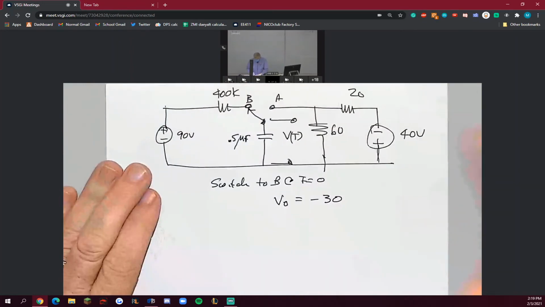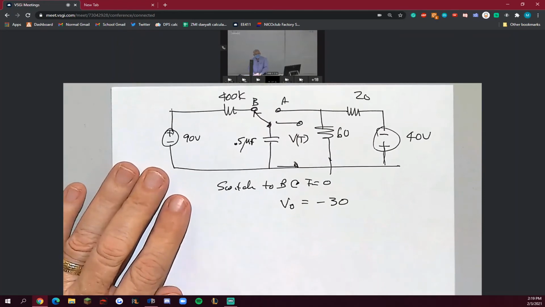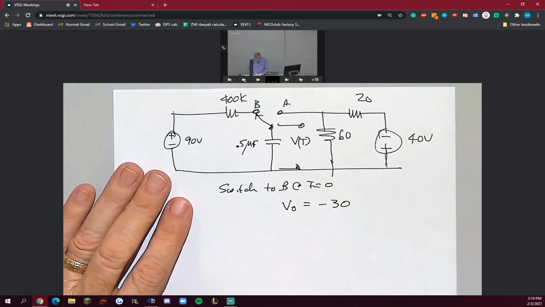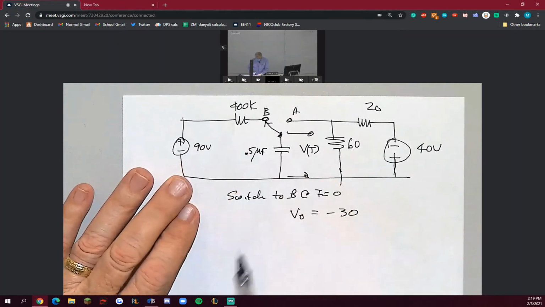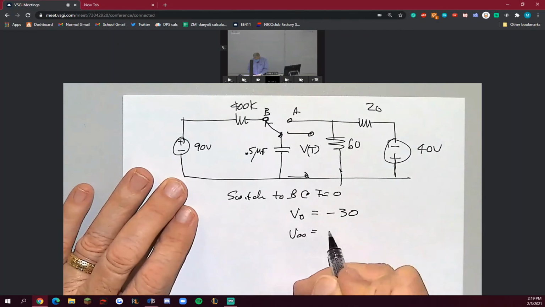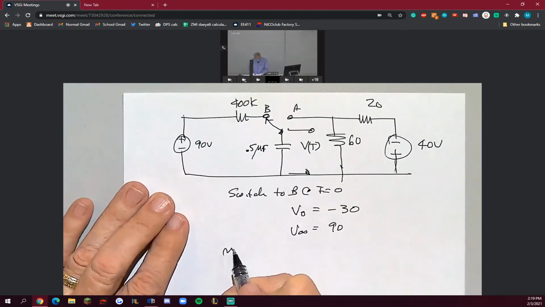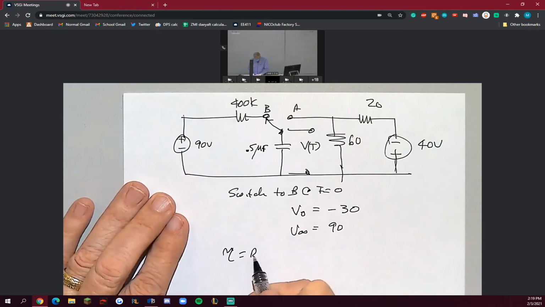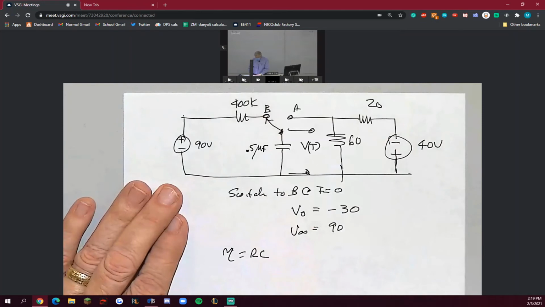Then we flip the switch. Oh, I said that wrong, didn't I? We flipped the switch. And now we've got 90 volts, series resistor into the capacitor. So V infinity is going to be equal to 90 volts. Tau is going to be RC, and that applies after the switch is flipped.